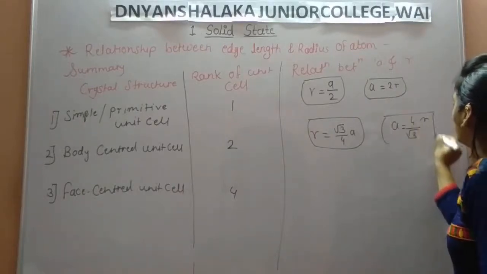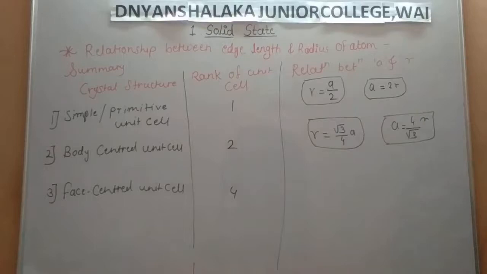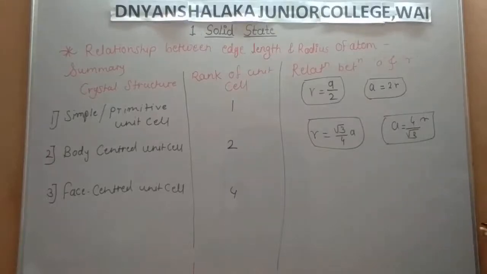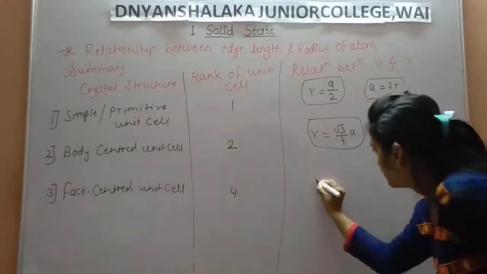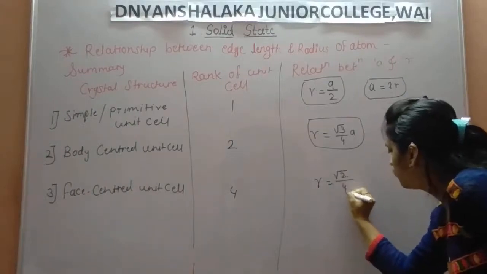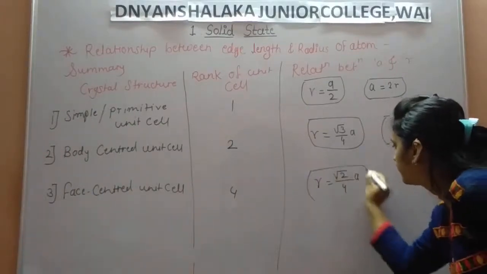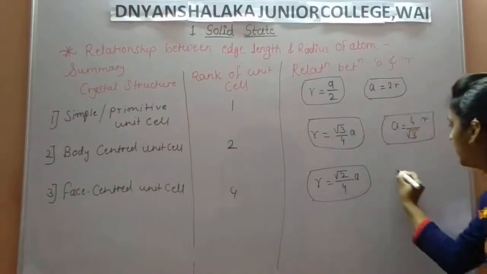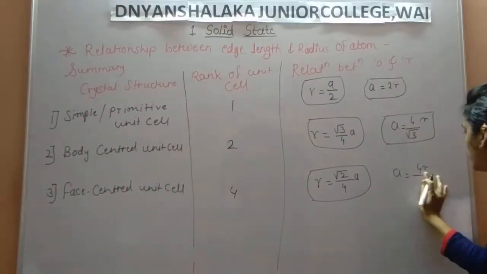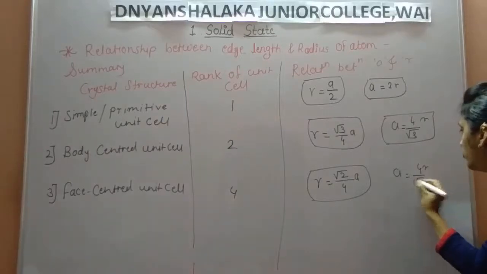This is for the body center unit cell. And for the face center unit cell we get R equal to root 2 upon 4 into A, and next A is equal to 4 into R upon root 2.